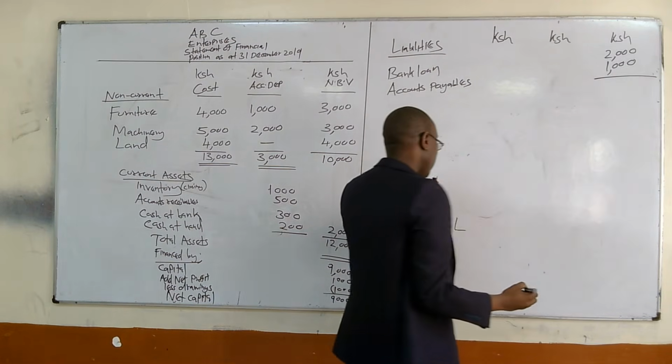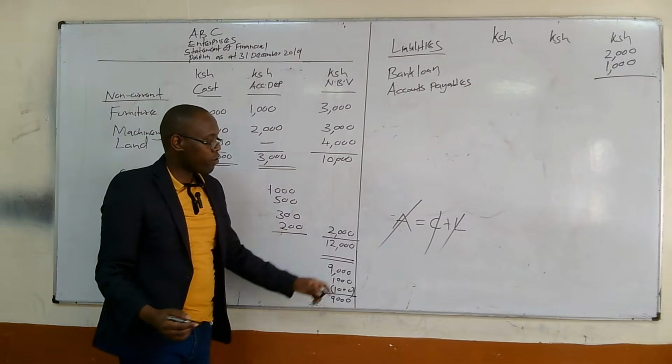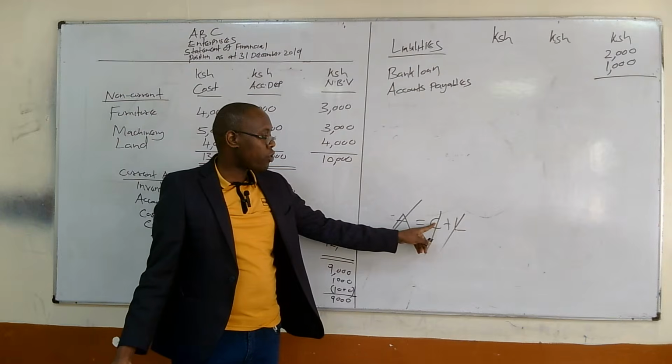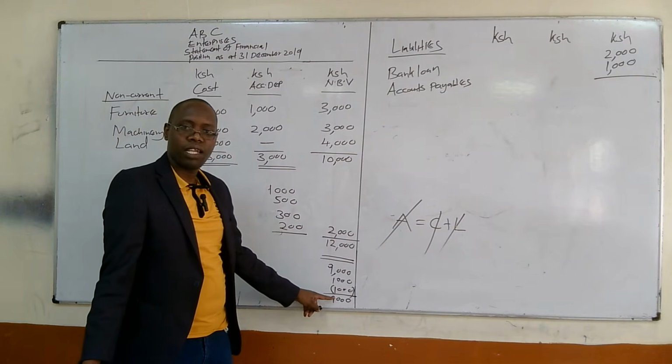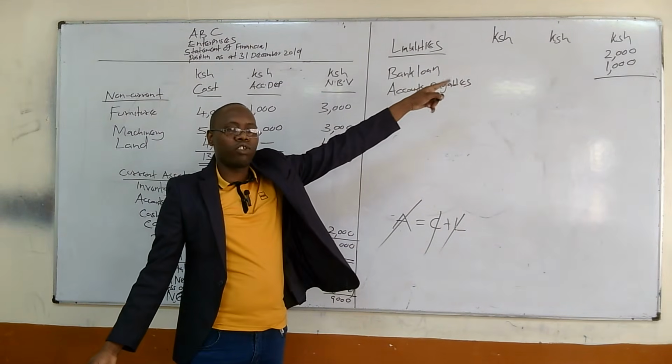Now we are done with the liabilities. And remember, from this accounting equation, it states that we are going to add capital plus liabilities. So our capital, which was 9,000, the net capital, we add the total liabilities there.